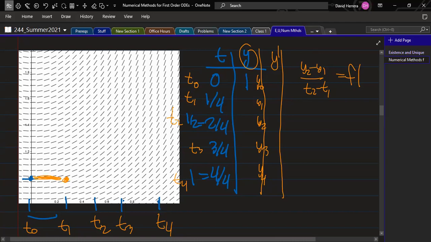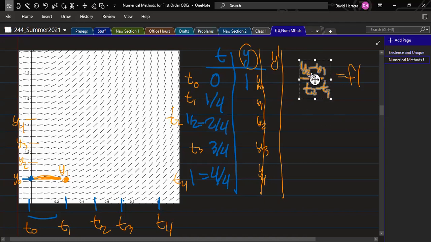This slope right here is y0 here. It's also going to be y1. It's going to have height y1. And then when you go up a little bit, it's going to have height y2, then y3, and y4, something like that. I don't know exactly where they are yet, but that's the point of the method.